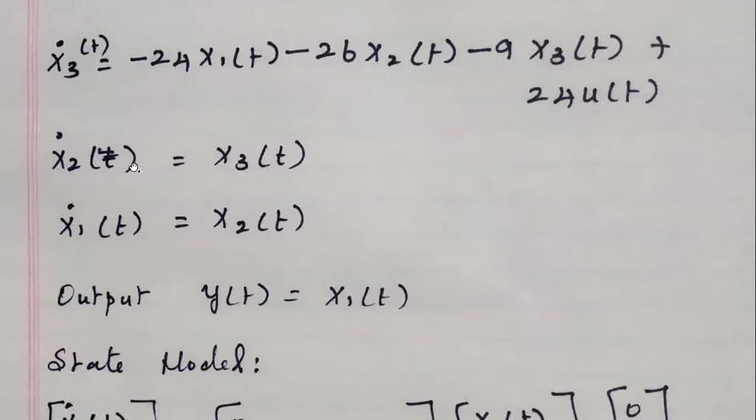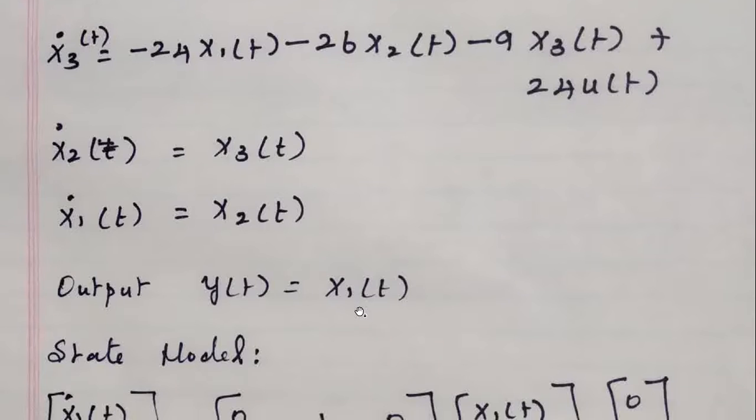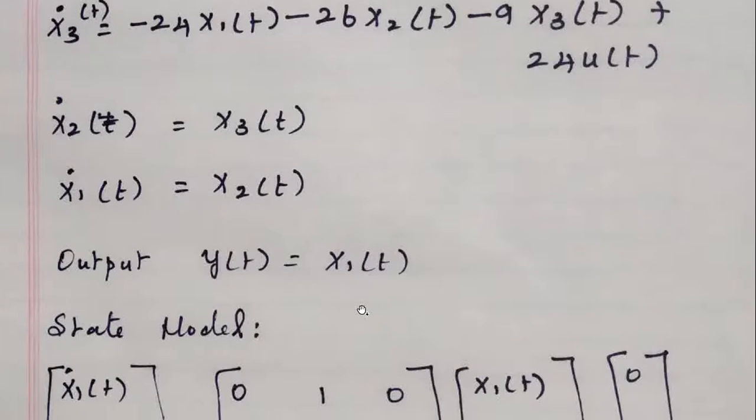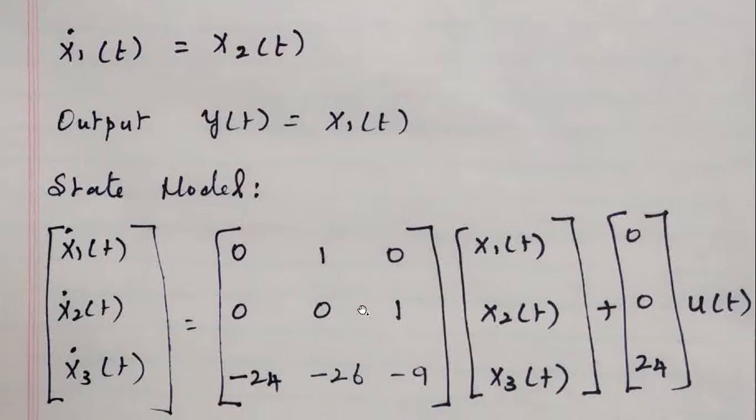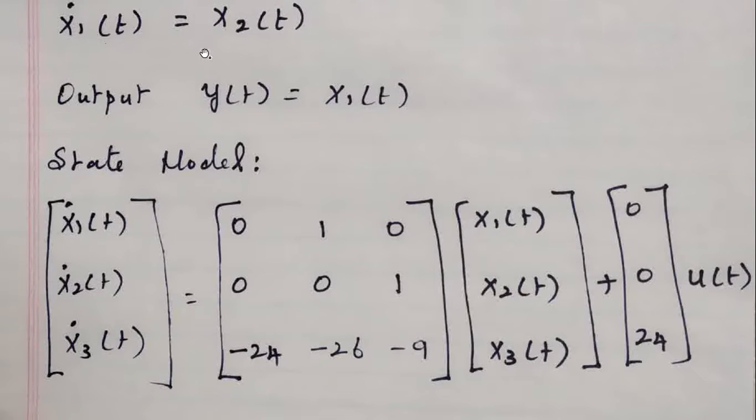From the previous assumption, x2 dot is x3 of t, and x1 dot of t is x2 of t. On the output equation, y(t) is x1(t). So the state model will be, on the left side, x1 dot of t, x2 dot of t, x3 dot of t. First x1 dot of t has only the x2 term: 0 x1 of t plus 1 x2 of t plus 0 x3 of t plus 0 u of t.